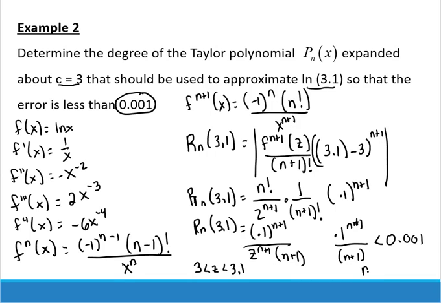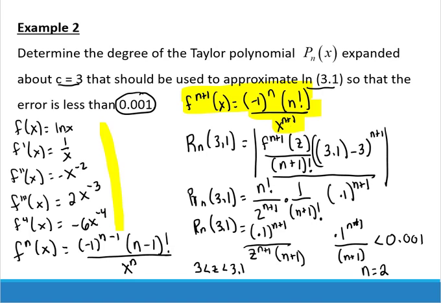Okay, so first I had to find a pattern for the derivative. So that's what I did over here, is I found a pattern for the derivative, so I could get a formula for the n plus 1 derivative. Next, I looked at our remainder. So this is the remainder formula, where the x is where I'm trying to approximate and 3 is the center.